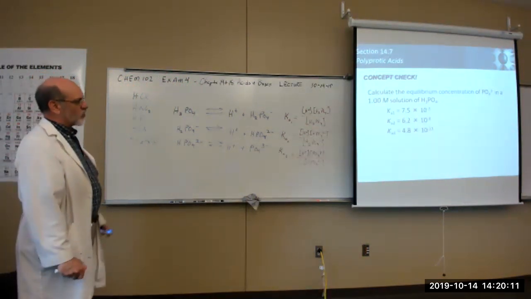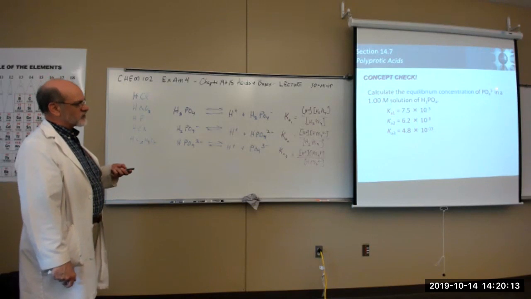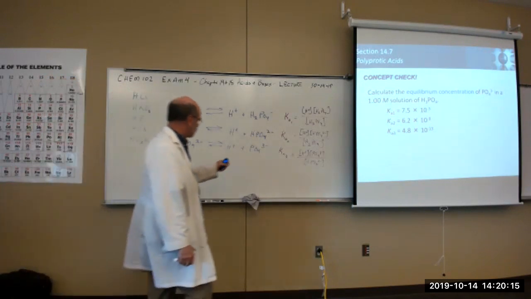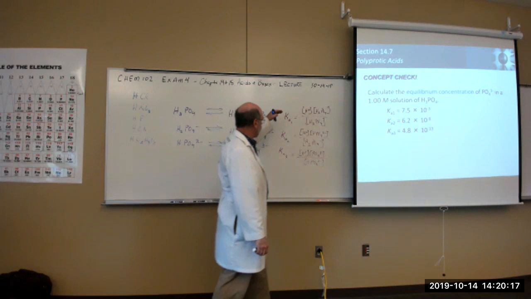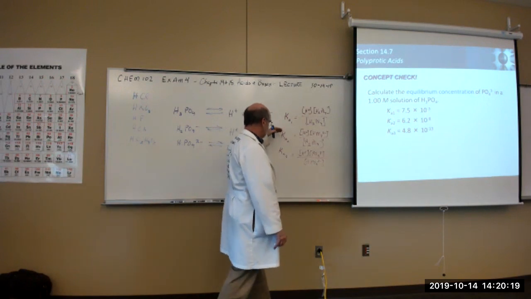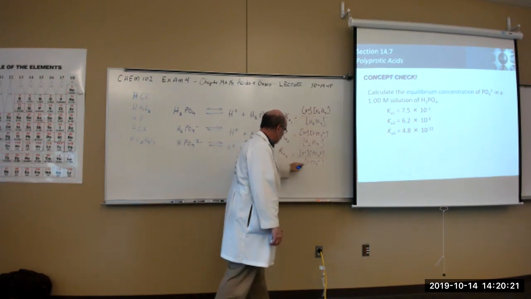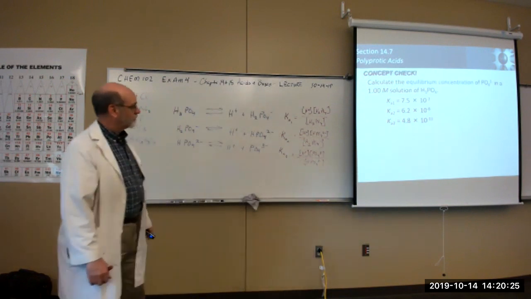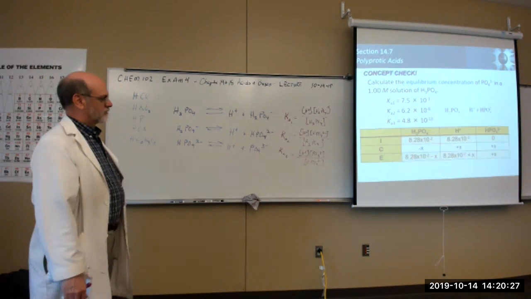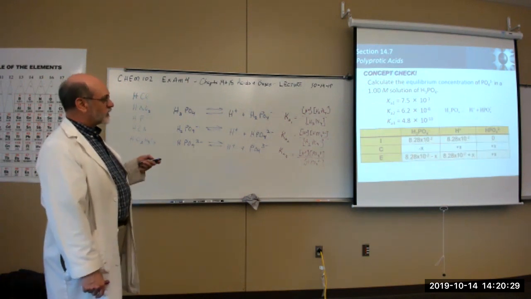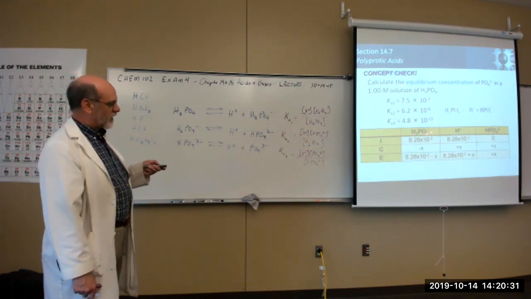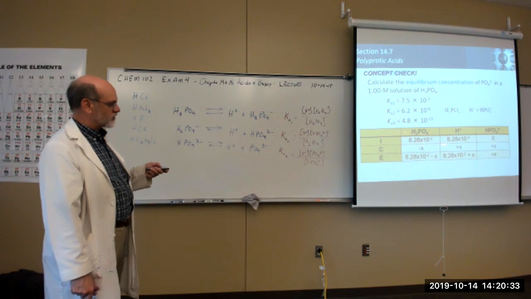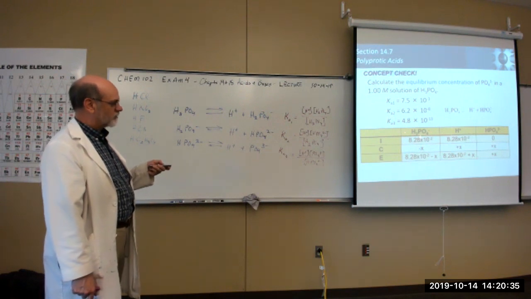Okay, so if we're going to calculate the equilibrium concentration of the phosphate ion, this one right here, we got to work our way down through these successes down to here to find out that. All right. So we've already done the 1 molar, and we found out these are our starting concentrations for these two, right?